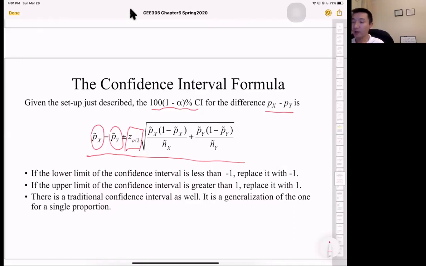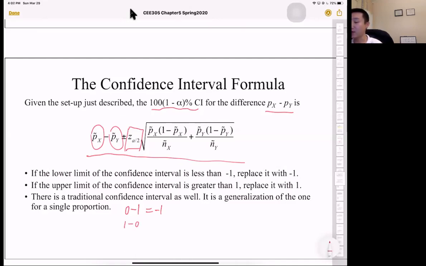The lower limit of this confidence interval should be -1, because the lowest case is 0 minus 1 equal to -1, so it cannot be less than that. The upper limit is 1 because the highest possible value is 1 minus 0. Remember, this is proportion.